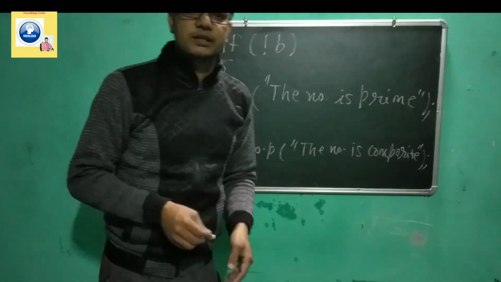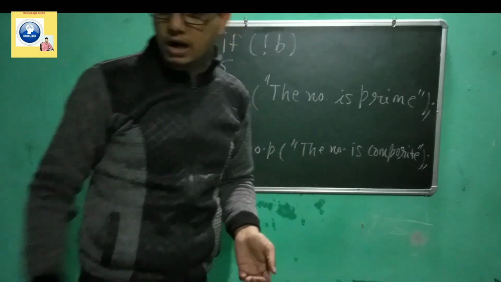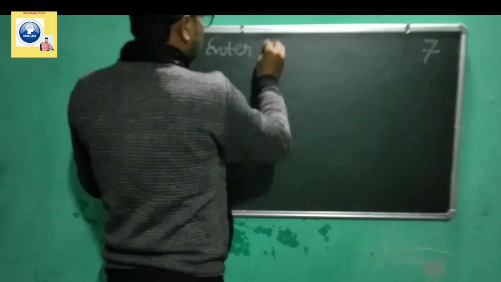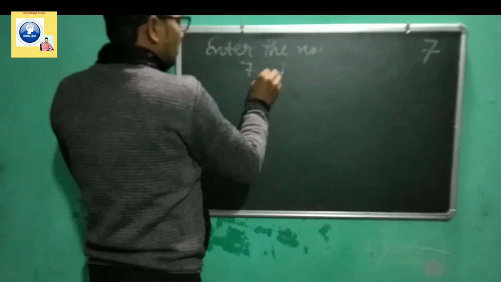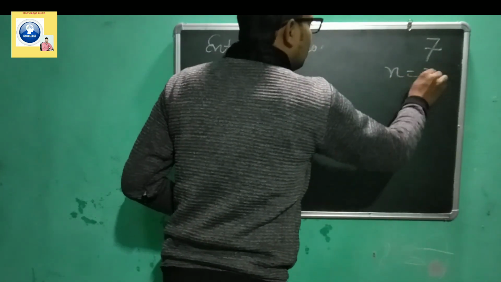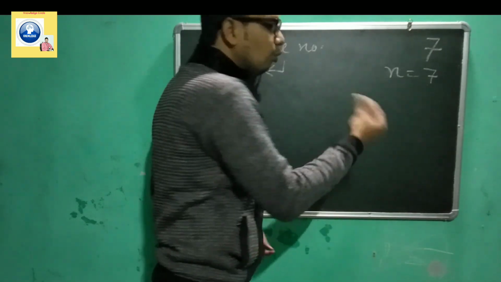Now we will do the dry run of the program and we will see how the output comes. Enter the number: 7. 7 is entered. So what is the value of n? n equal to 7. Now what will the loop do?